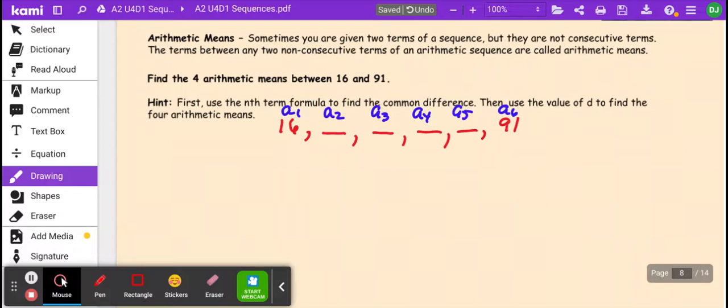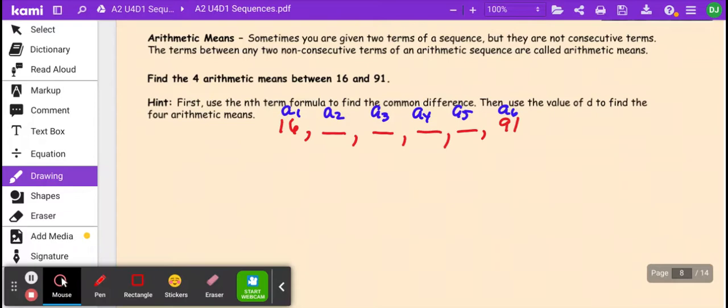So if I think about this, right, how do I go about finding, right? It says first, right? There's a little hint here. Use the nth term formula to find the common difference. Then use the value of D to find the 4 arithmetic means. Okay? So again, to find the 4 means, let's just think about this. If I knew what the common difference was, right, this would be a no-brainer. I would just take it and add, right?